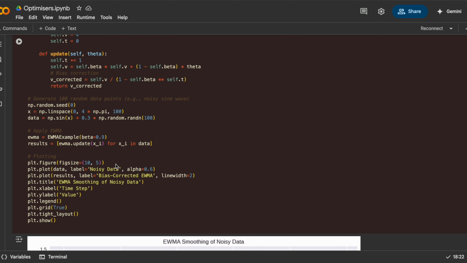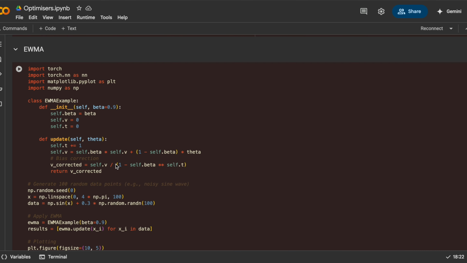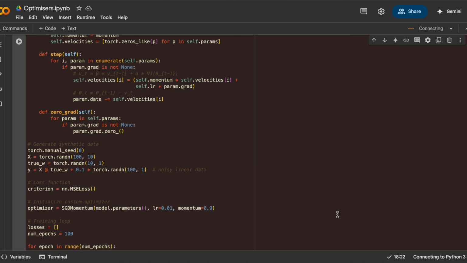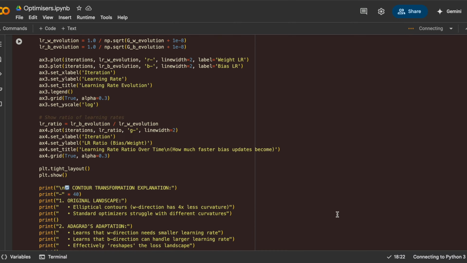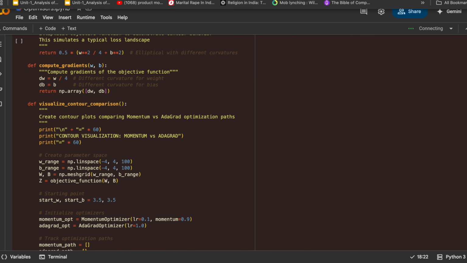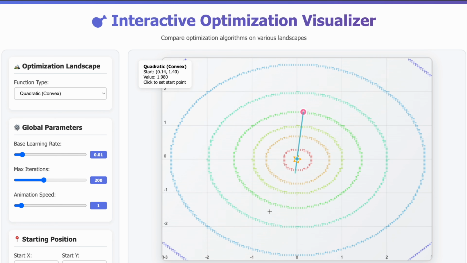I don't want to go into detail because you have already looked at it. I already made this, so I will give you this whole Colab notebook, along with the code for this interactive optimization algorithm, which you can run on your local device.